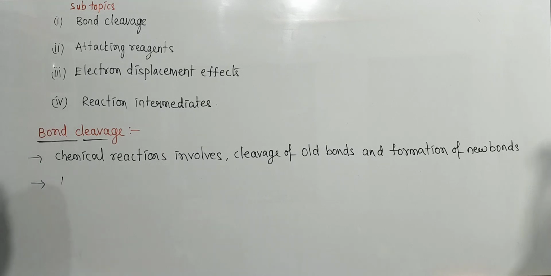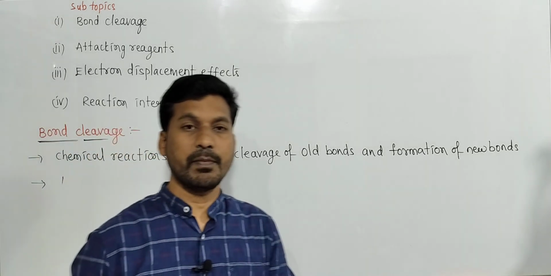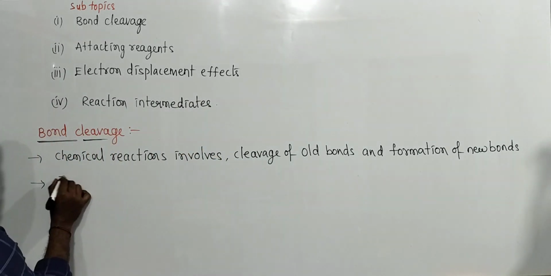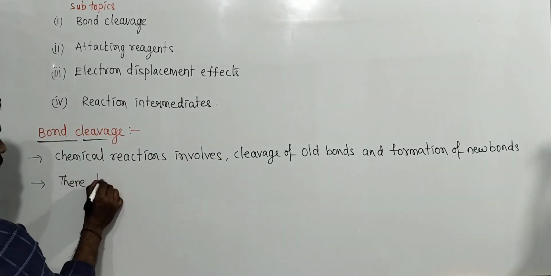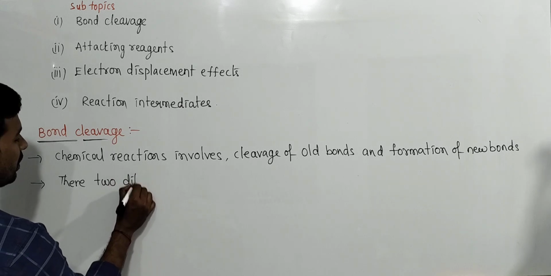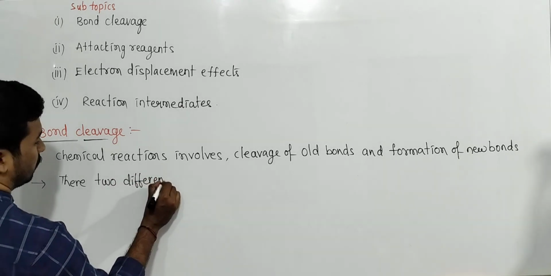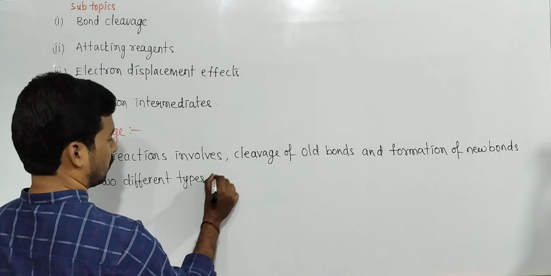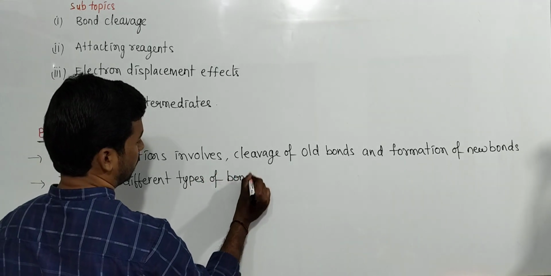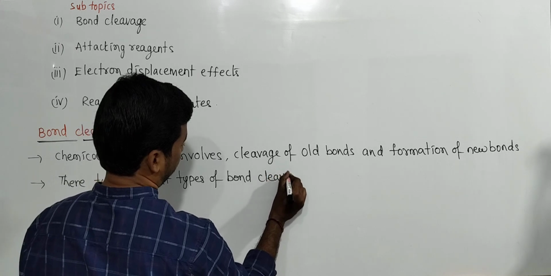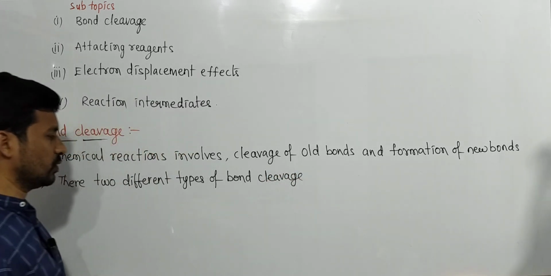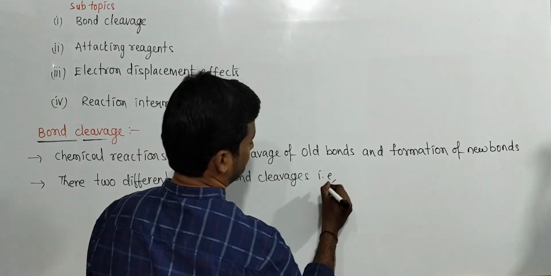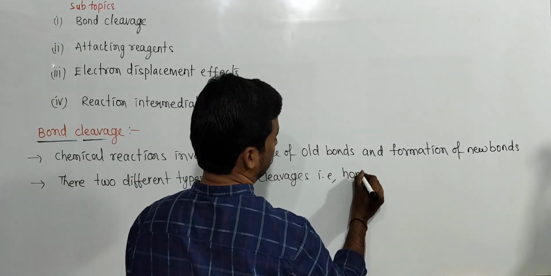If you see cleavage of bonds, there are two different types of bond cleavage observed: homolysis and heterolysis.